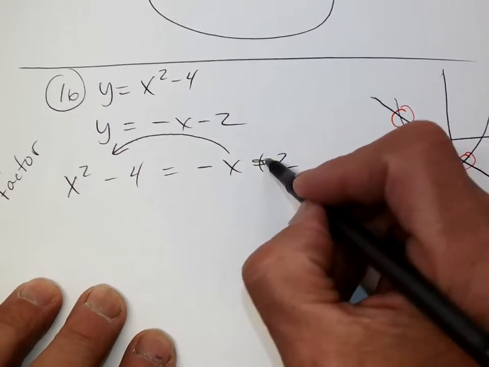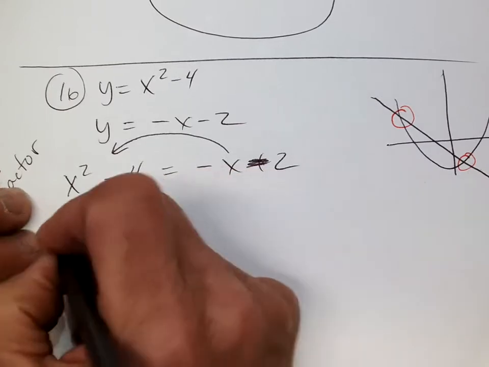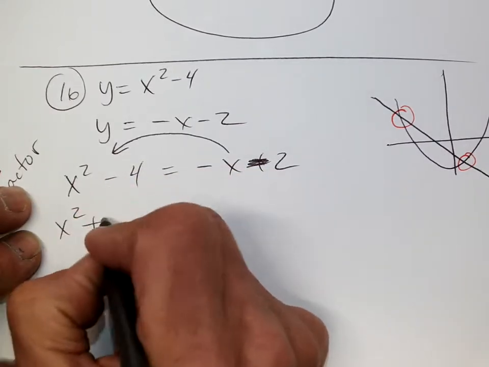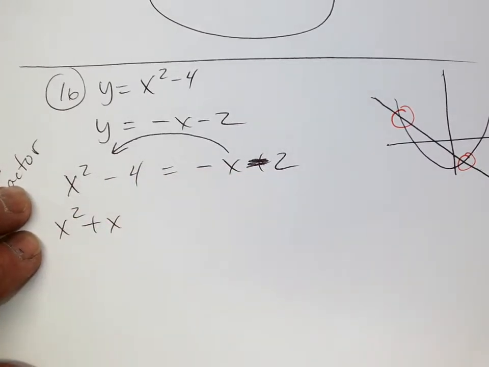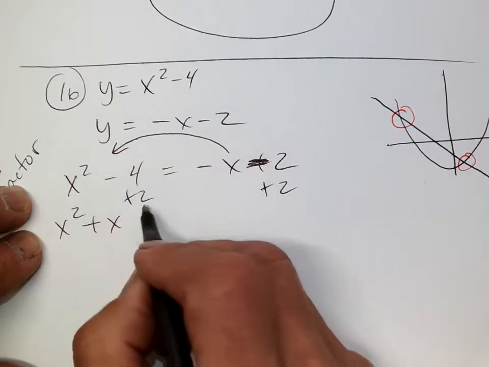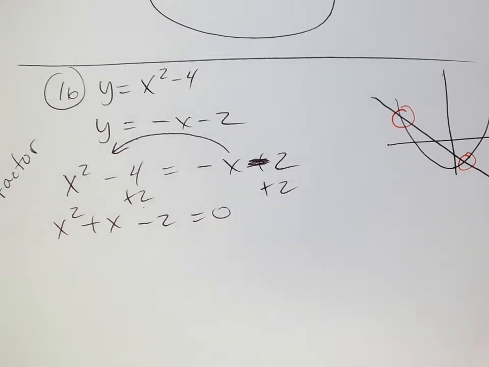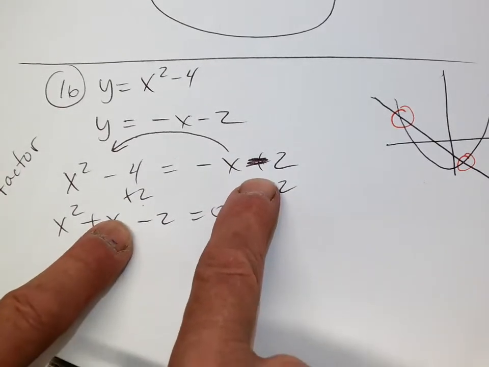Oh my goodness, thanks, Olivia. Thank you. So I'm going to add my x and have an x squared plus an x. I'm going to add my 2, and I'll have negative 4 plus 2, a negative 2, equals 0. So in order to factor, to find the zeros, you've got to set it equal to 0. I did that. Brought things over.